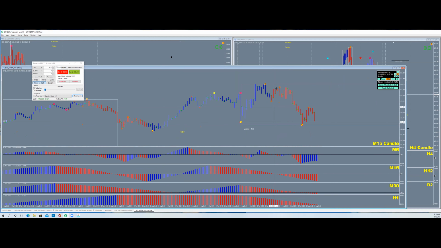Right? Yeah. So you're waiting for this pullback to finish, and you can enter somewhere in this area. And that is what Rajit means with the text that you write down, that you wait for 1 or 2 bars retracement.